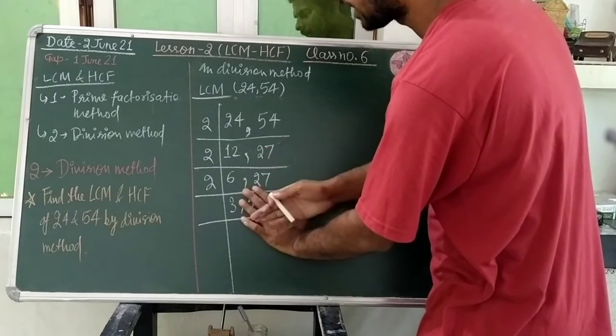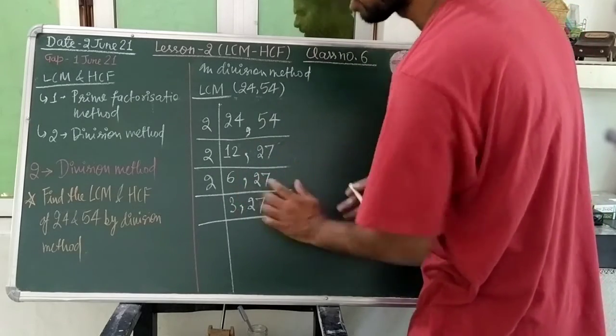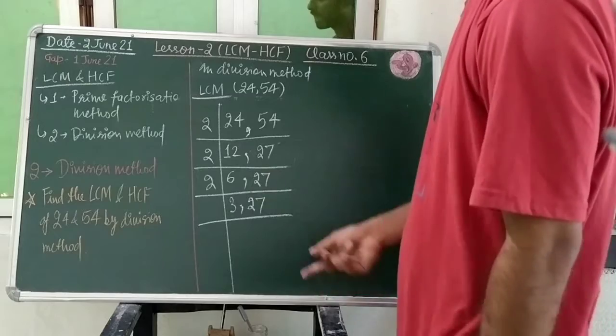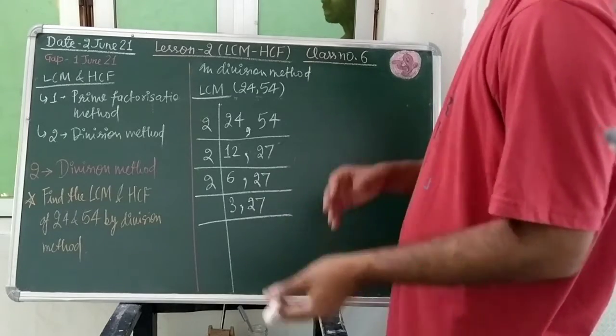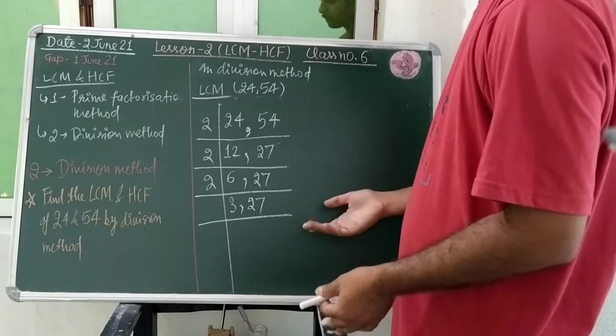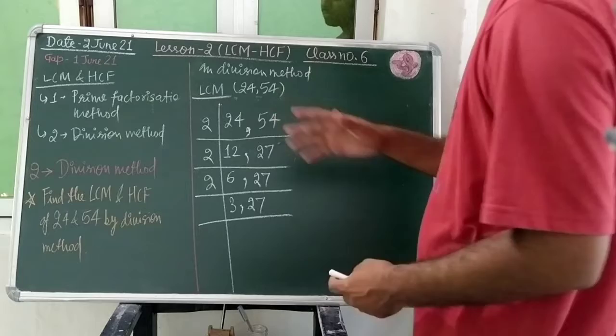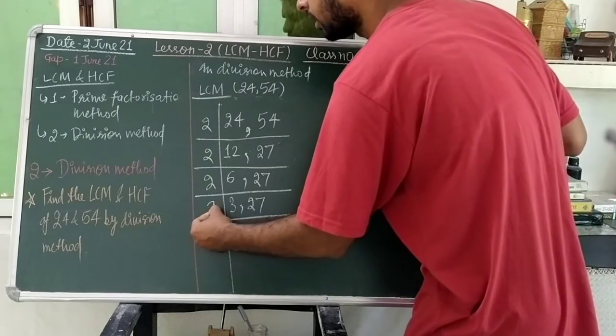Finish one number, then move to the second number. 3 is a prime number, and for a prime number, only 1 and the number itself are the factors. Okay. So 1 we will ignore and we shall select the same number 3 here.